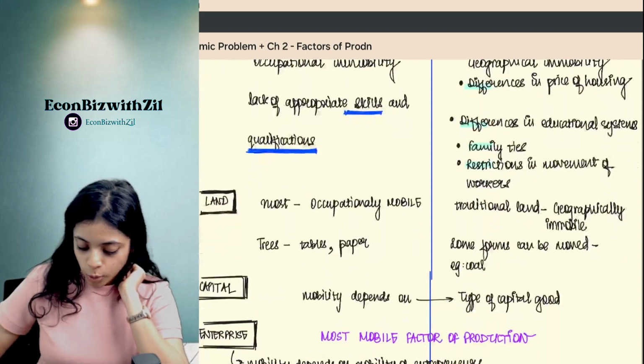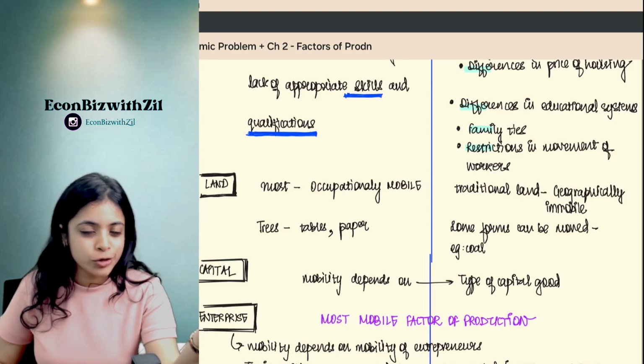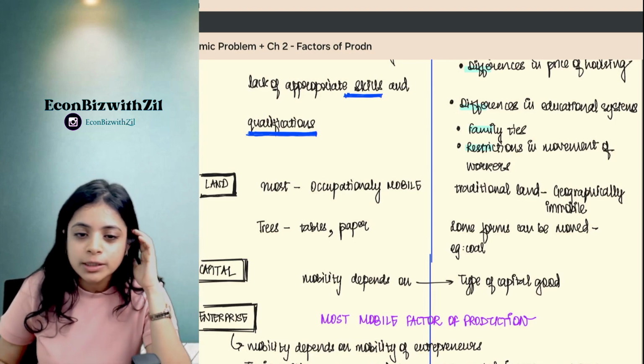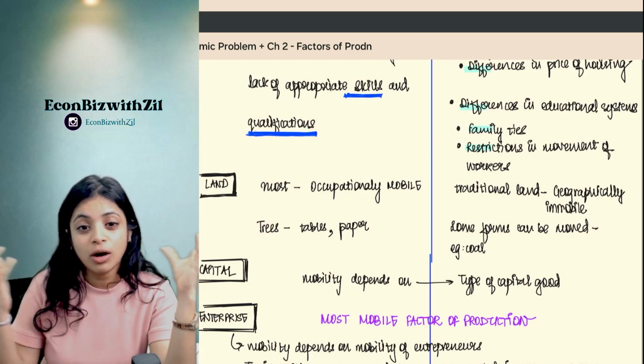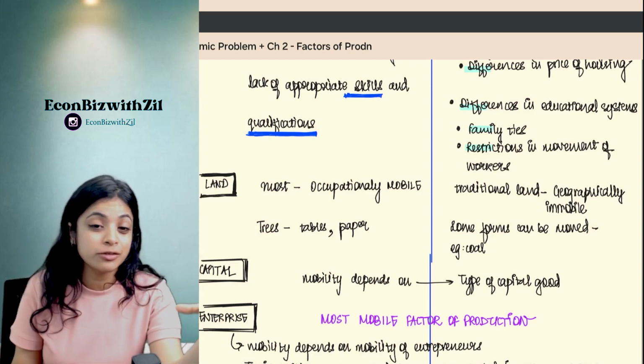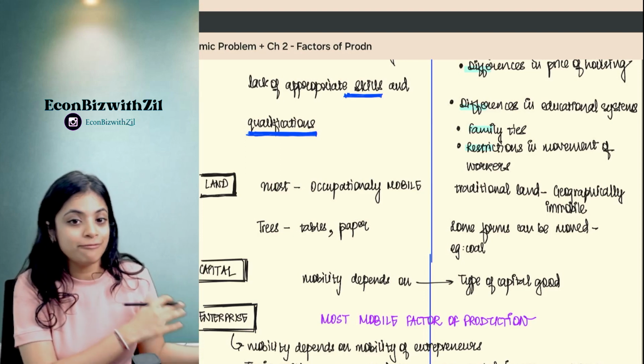Moving forward, land is mostly occupationally mobile, which is you could put it to several uses. Land, again guys, remember, is natural resources, not land meaning the physical land.